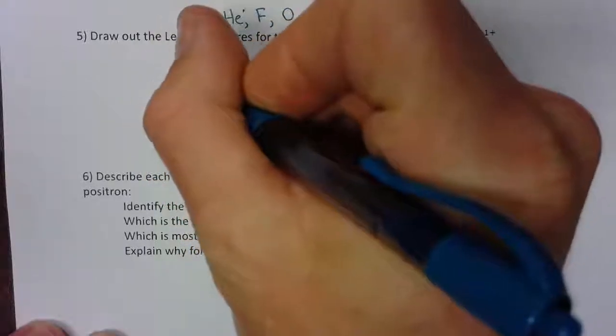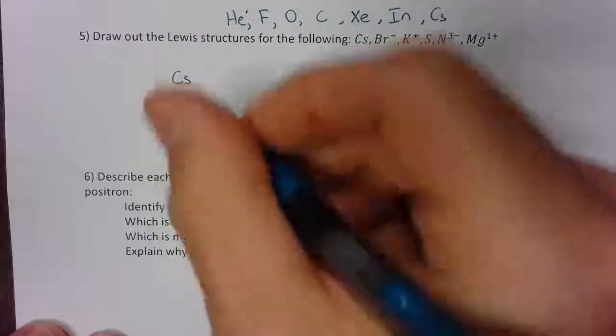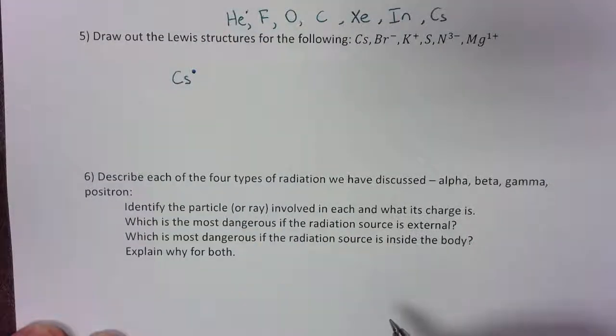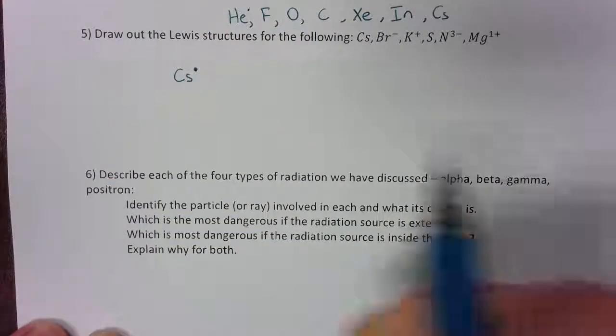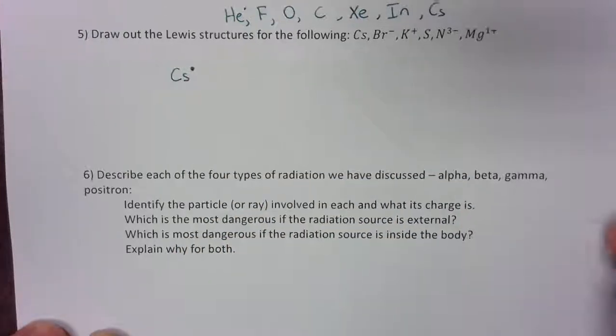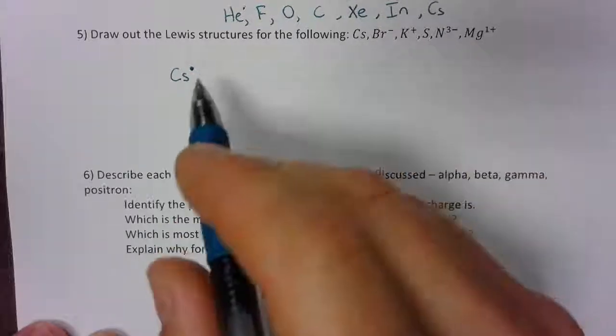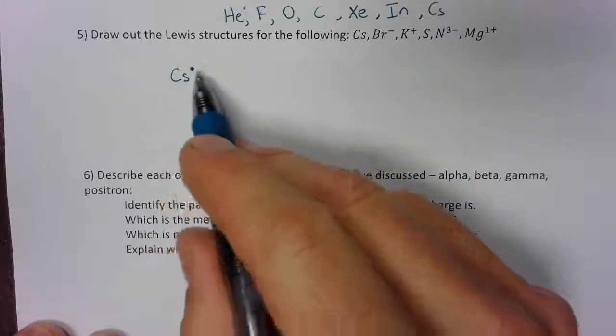Starting with cesium. Cesium is in group 1, which means it's at the very bottom. We just saw it. It has one valence electron. Remember, with Lewis structures, we're dealing with valence electrons, those outer shell electrons, not with total electrons. So we just have one because it's in group 1.